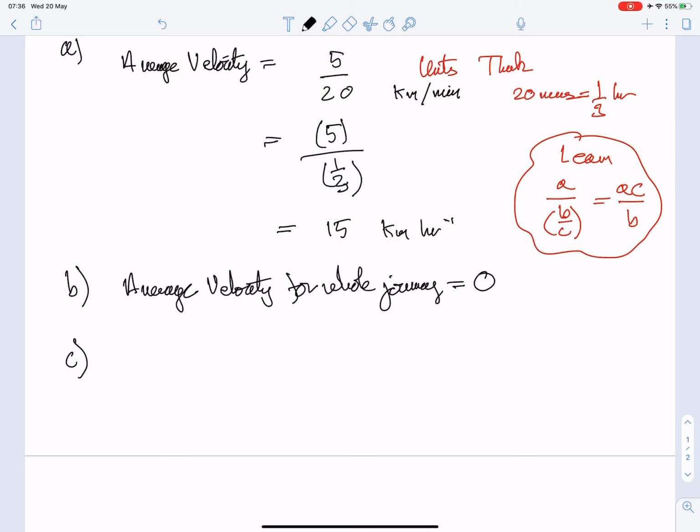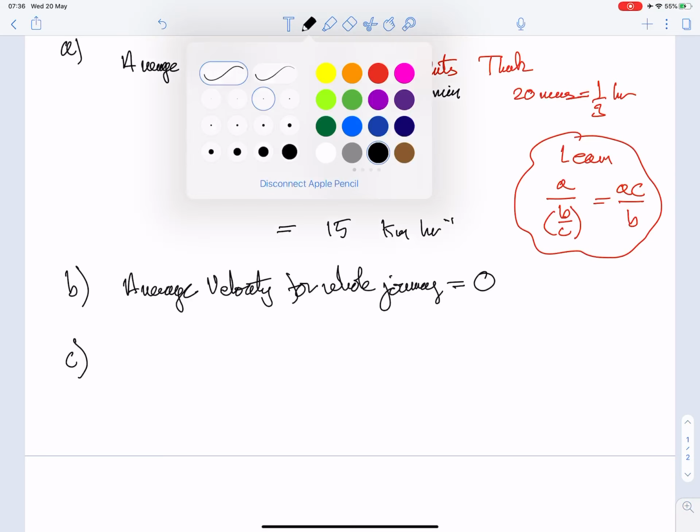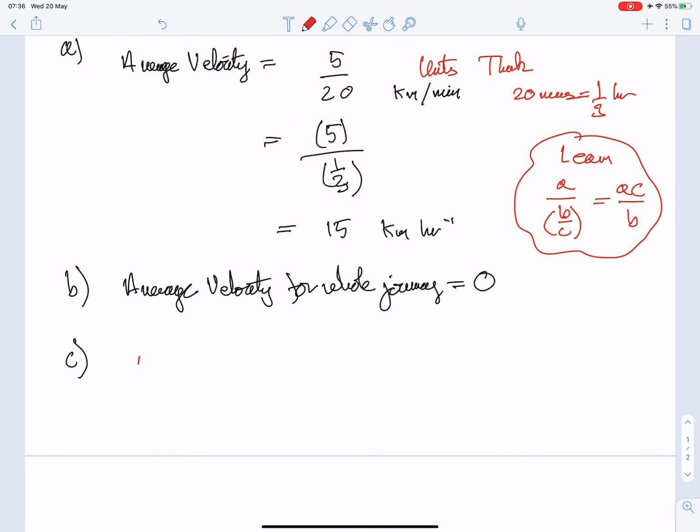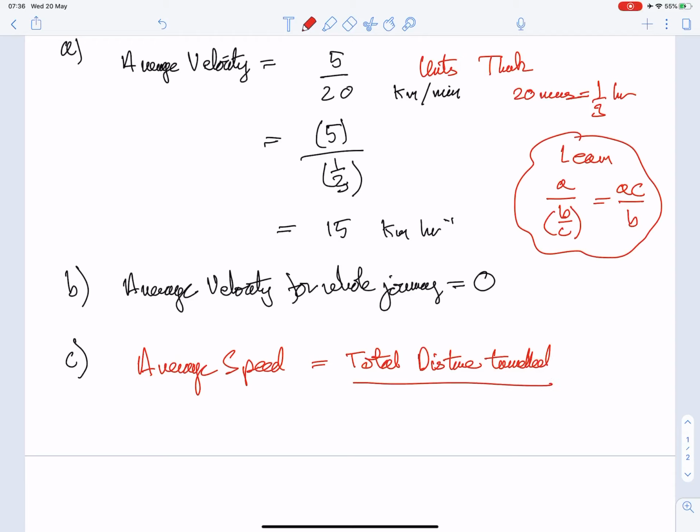Okay, so average speed we need to learn is equal to the total distance travelled over the total time taken.